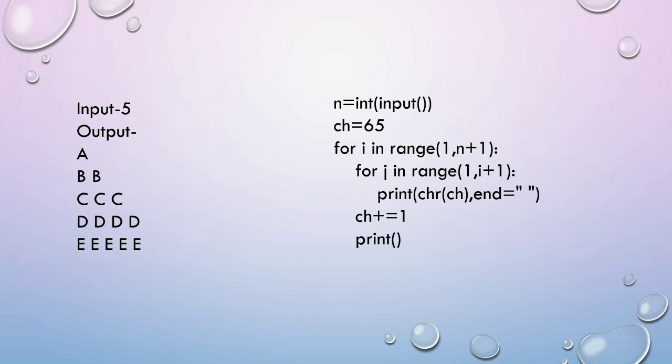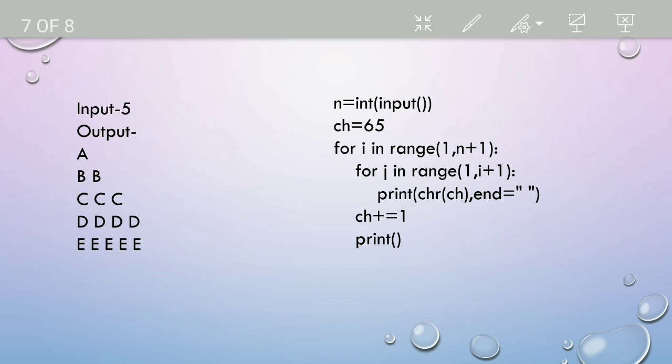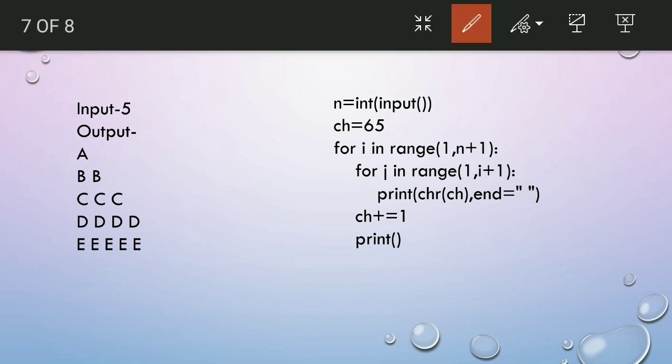Now the last question is, we want to print in this order, but instead of the stars we printed previously, we want characters like A, B, C, D. So how can we get this? Check it once. n is equal to 5, and ch equals 65.